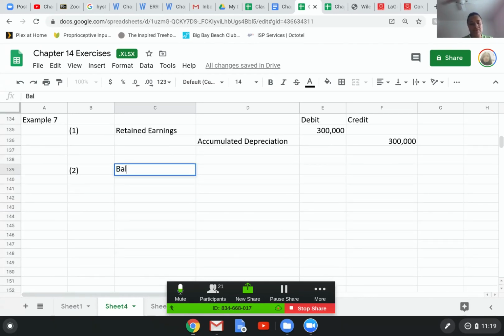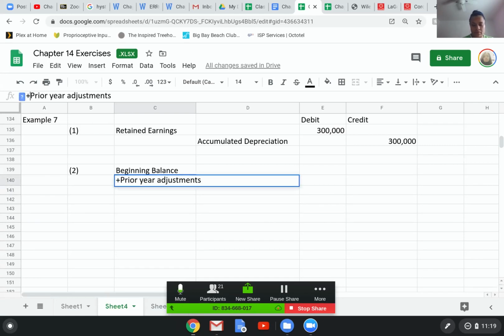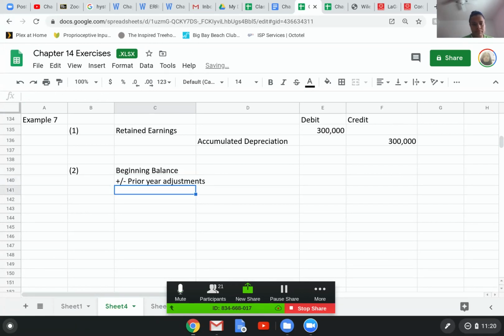So what I'm going to do is just write the stuff over here that I said. What is the beginning balance, right? Are there any prior year adjustments? That's the second thing that you look for. This could be a plus or a minus. Okay, plus or minus prior period adjustments.